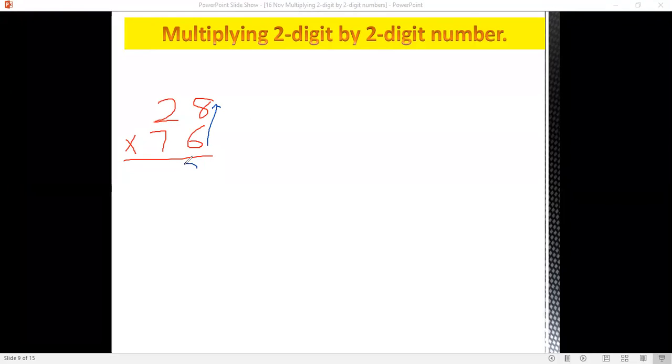So we are going to leave 8 here. Remember, this is 48. So we will put 8, which is the unit, below. And we are going to carry 4 to the tens place. Okay? Then the next thing we are going to multiply is 6 times 2. 6 times 2 is 12, plus 4 is 16.